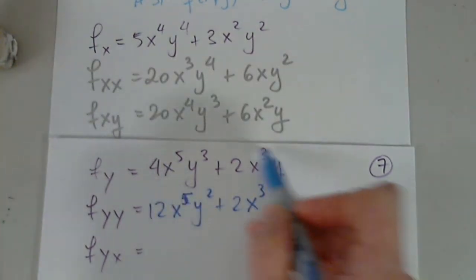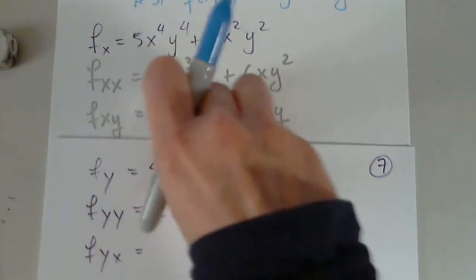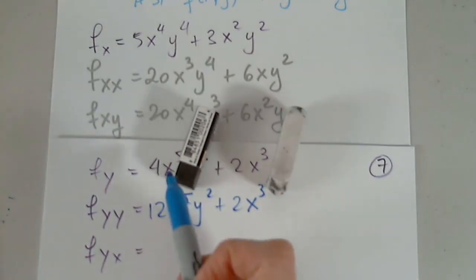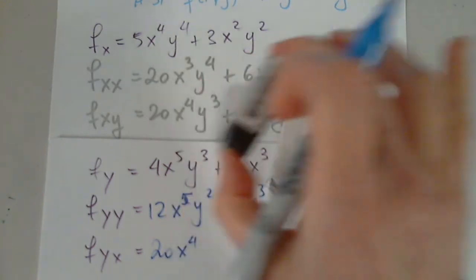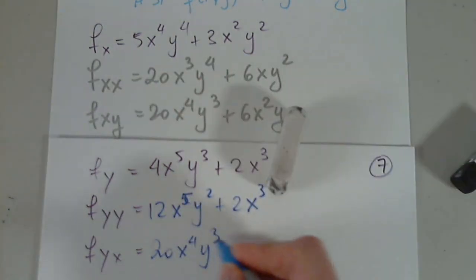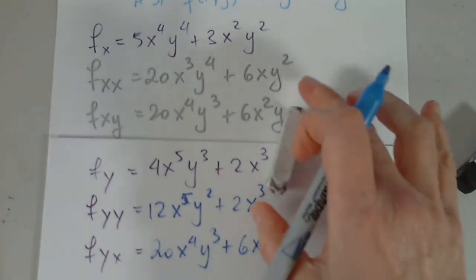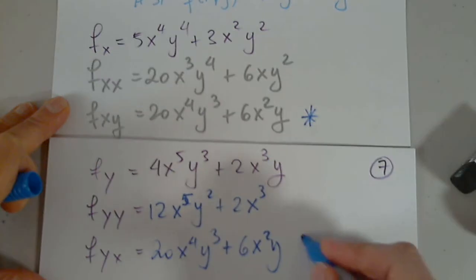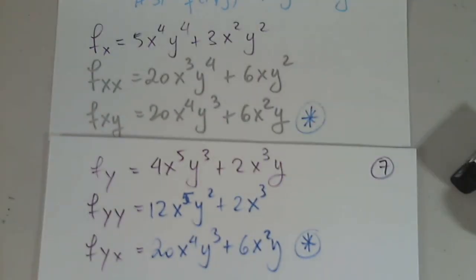Now, I differentiate this with respect to x, keeping y unchanged. 5 times 4, 20, x to the fourth, y to the third, plus 3 times 2, 6, x squared, y. They have to be the same.